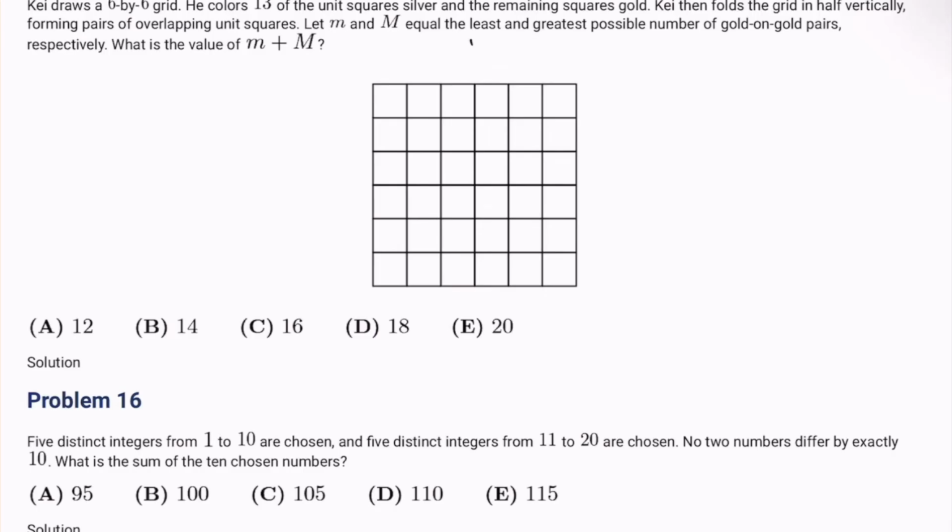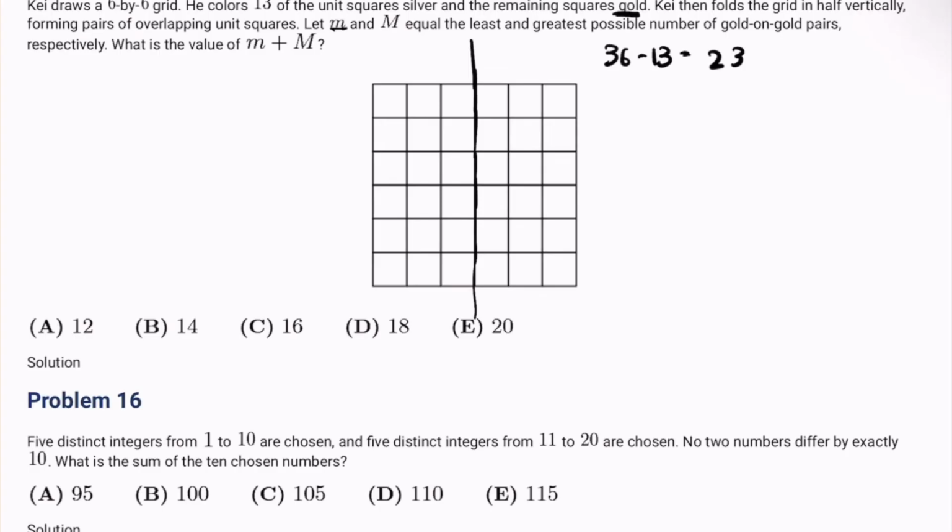So he folds it in half, so let's draw the line on which he folds it. Then in order to find the least number of gold-on-gold pairs, we first need to find how many squares are gold, right? So 36 minus 13 equals 23. There's going to be 23 gold squares.